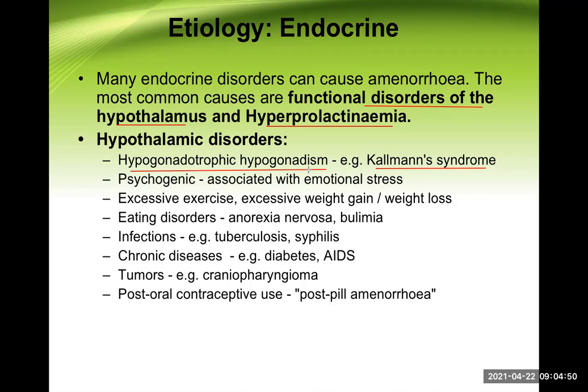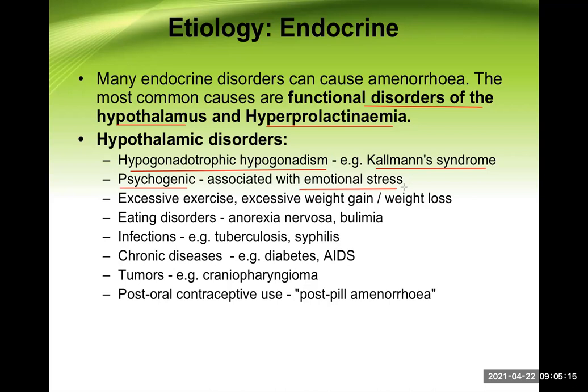We'll talk about that. Another cause is psychogenic. It is associated with emotional stress. It's a very interesting one. If a lady is emotionally disturbed, for example, her daily routine is changed. For example, a female doctor, a young doctor, or a nurse.